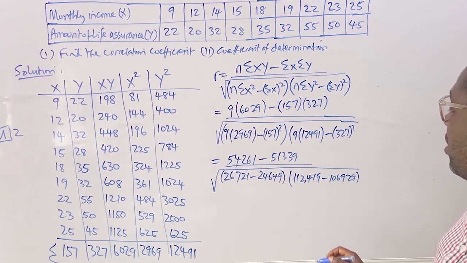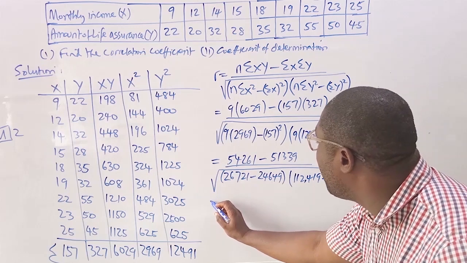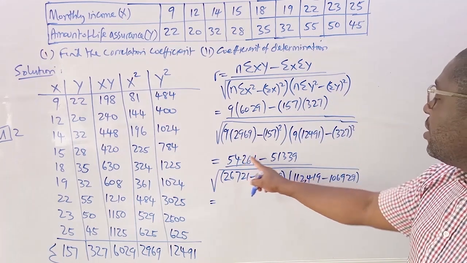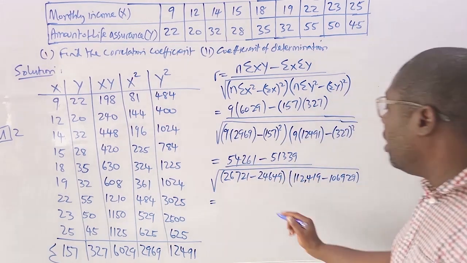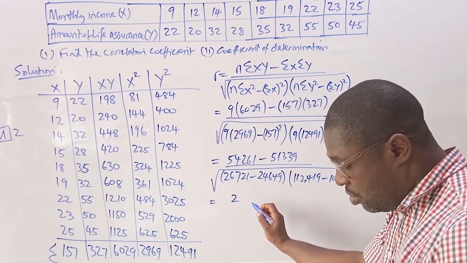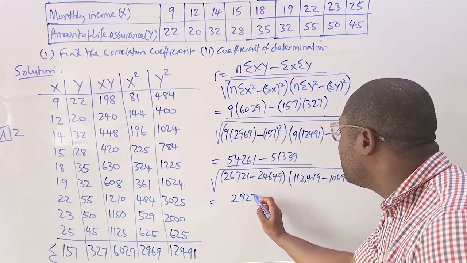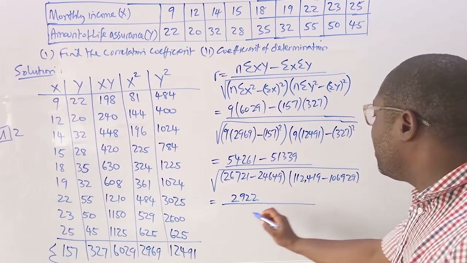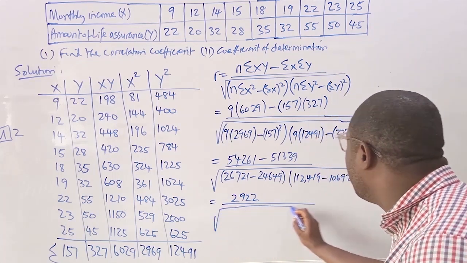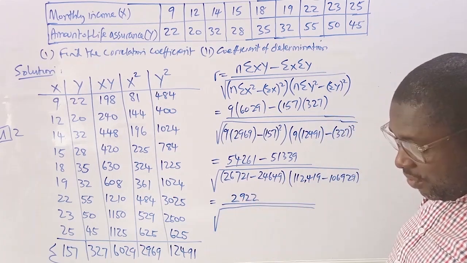So that's what we have. So let's continue with our findings. This minus this will give us 2,922, divided by, we still continue with our square roots, finding the value.